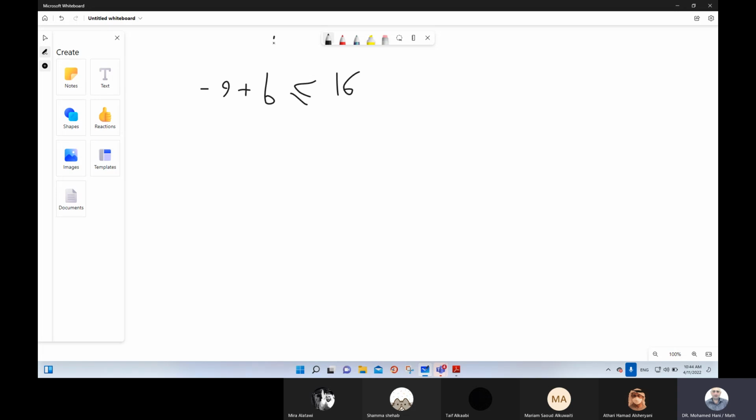As you see, this is the variable b. To solve this inequality, try to keep the variable alone on this side, so try to remove negative 9 from this side.